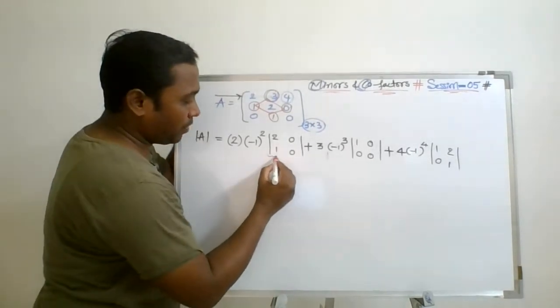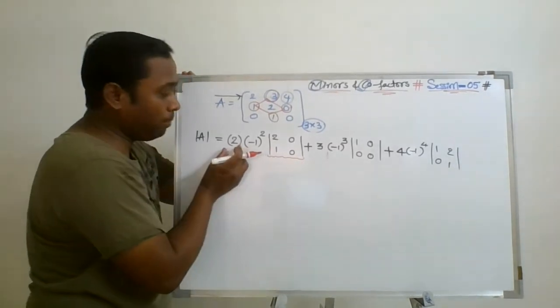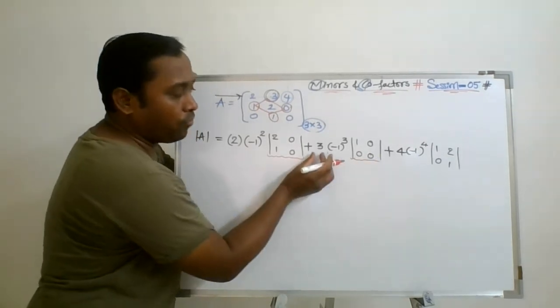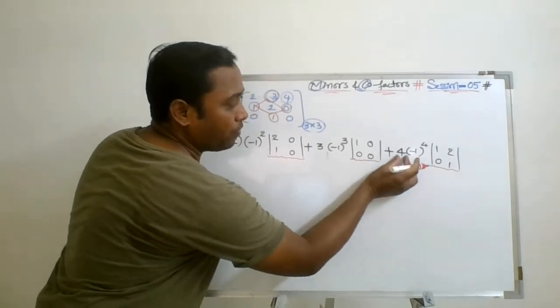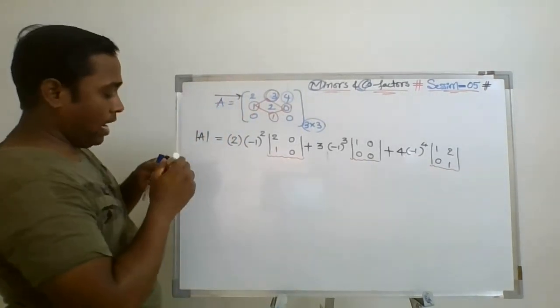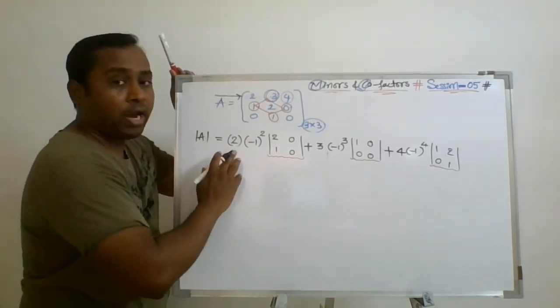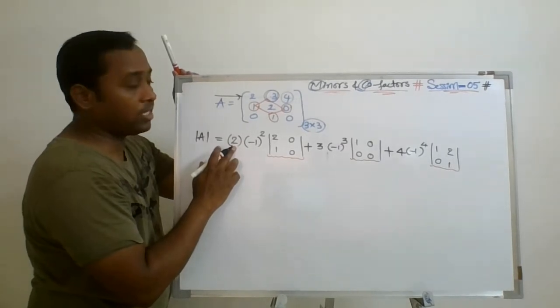Can I say this is basically representing the minor of the element 2? This represents the minor of the element 3, and this represents the minor of the element 4. So in that sense, I am now writing the position of each element. What is the position of the element 2? That is A11.